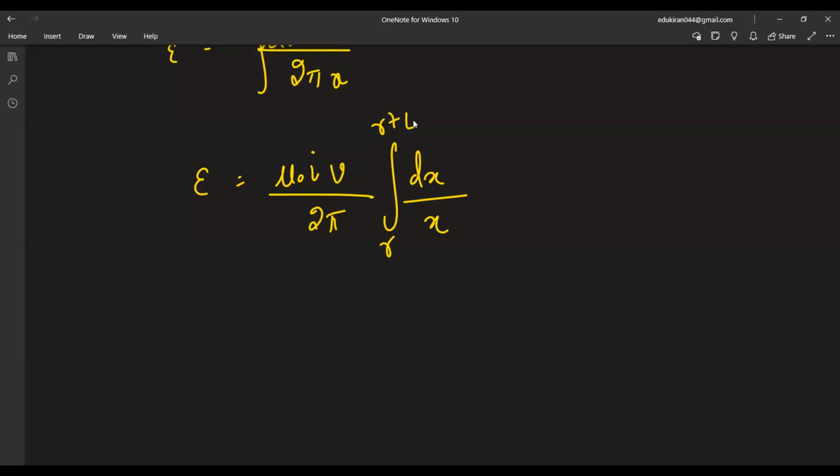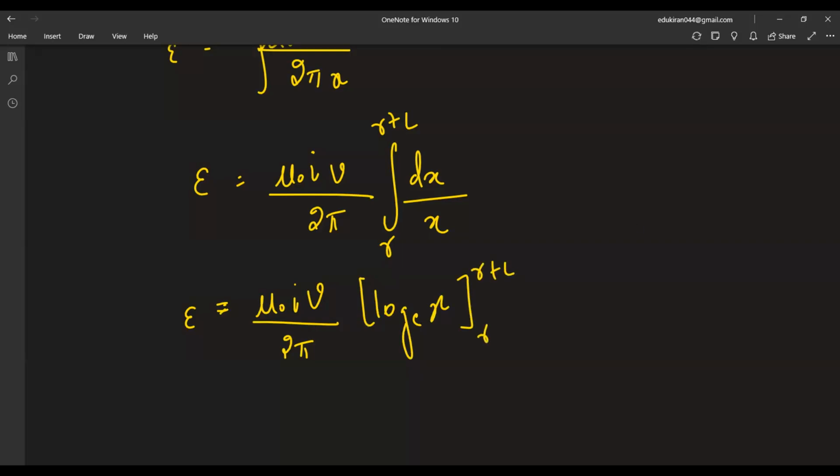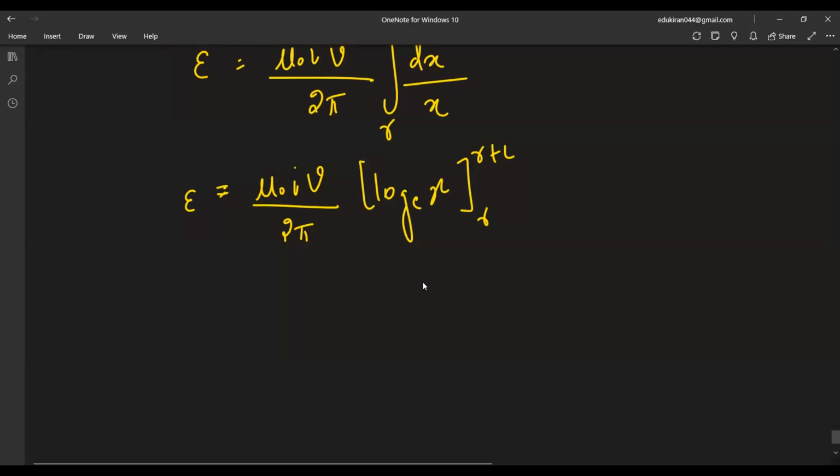Now, this integration is not difficult for you people. This integration you already know. Mu naught I V by 2 pi. Now, when you are integrating, this will give you log x from R to R plus L. Now, we'll put the upper limit first.